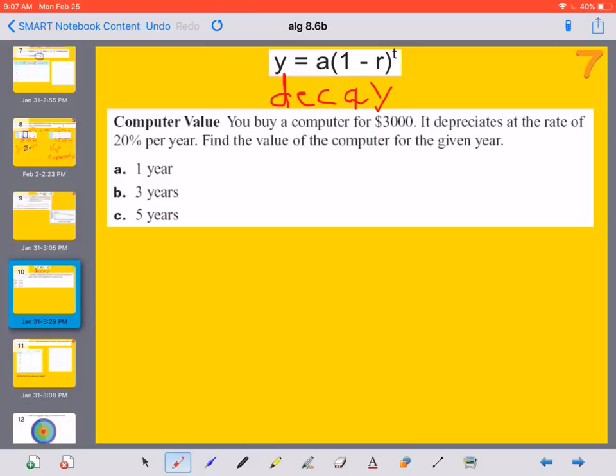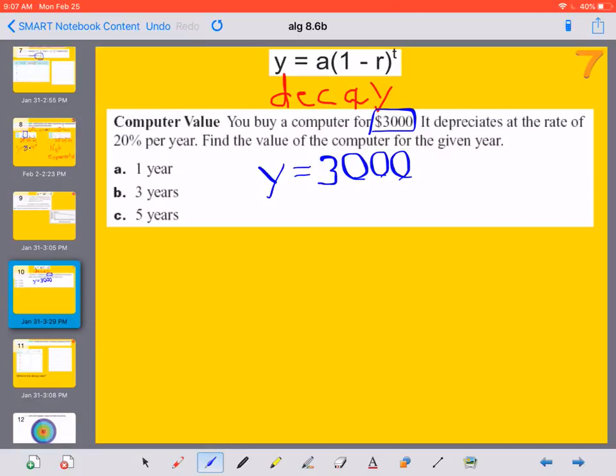So it says you buy a computer for $3,000. It depreciates at the rate of 20% per year. Find the value of the computer for the given year. So we need to come up with our equation first. We have y equals, now a is our initial amount. So a is our 3,000. That's where we began. We bought the computer for 3,000.